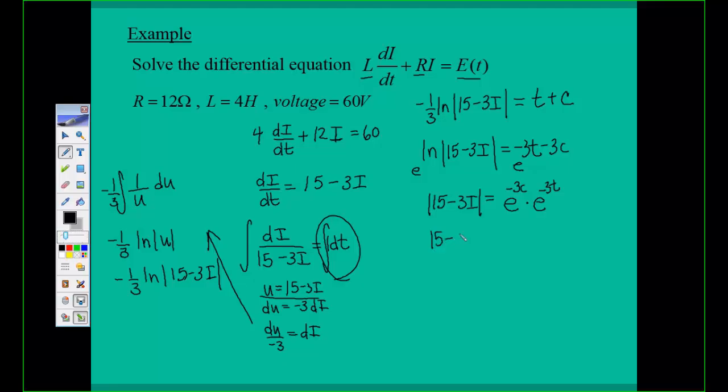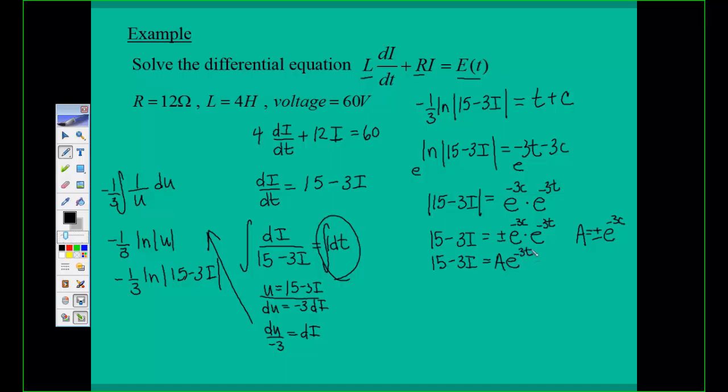Then we'll take the positive and negative value times our e to the negative 3t. And again, we're going to let a equal this plus or minus e to the negative 3c. We're just going to replace it with a. So we would have 15 minus 3i equals a e to the negative 3t.